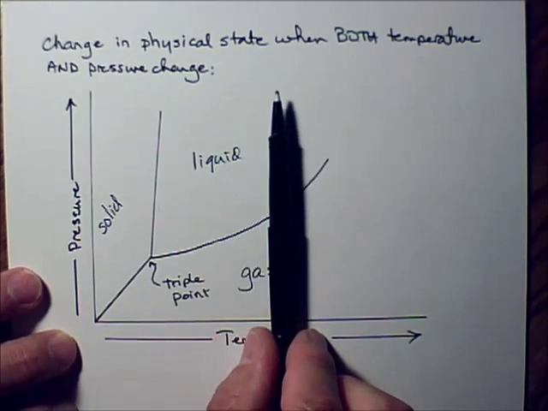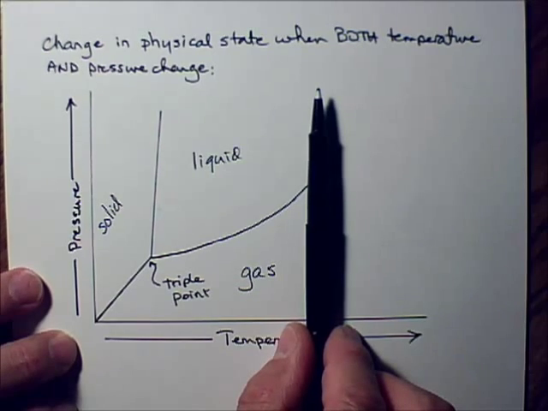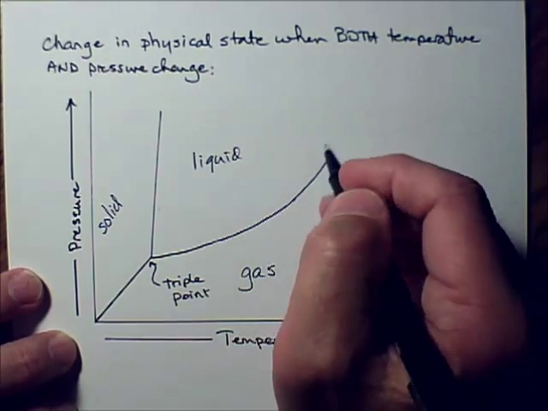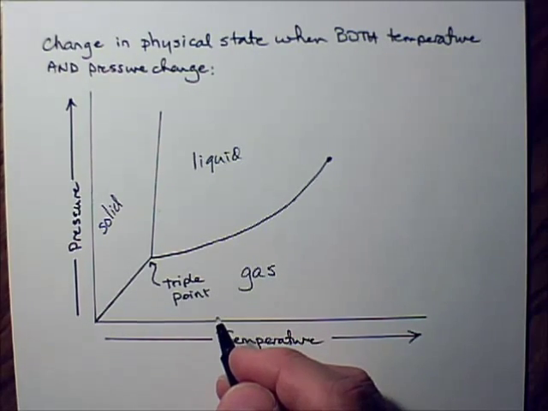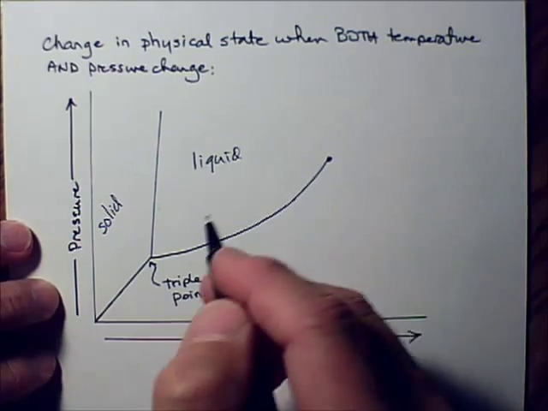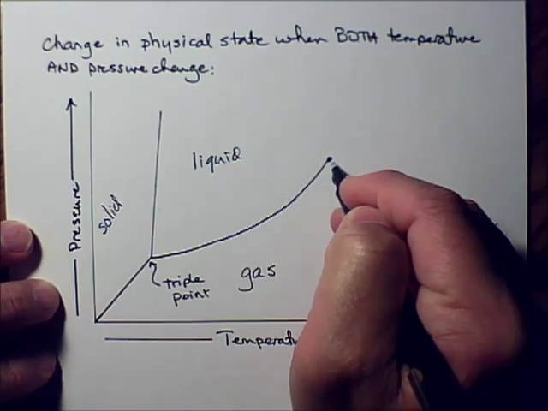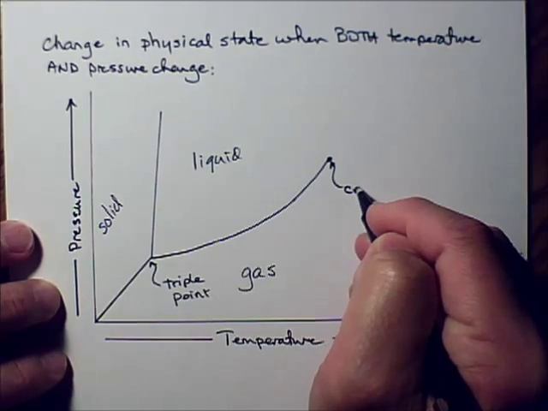But there's a point at which the temperature becomes so high that no matter what pressure you put it under, it's not going to be a liquid. And that point at which you can no longer make something be a liquid, no matter how much pressure you put it under, is called the critical point.